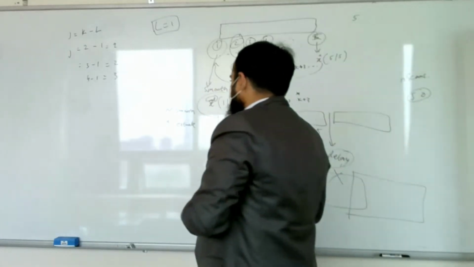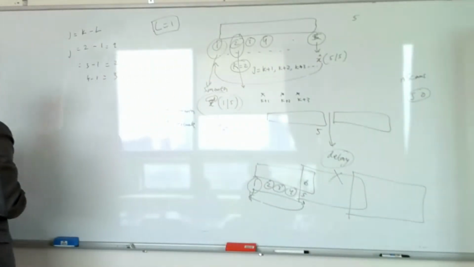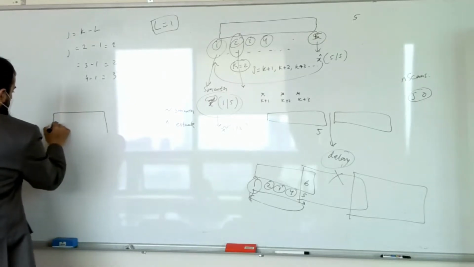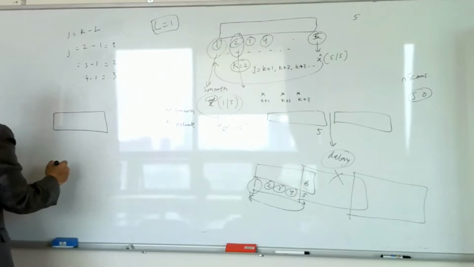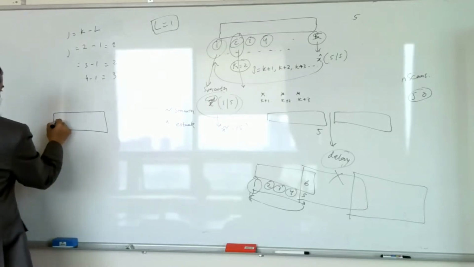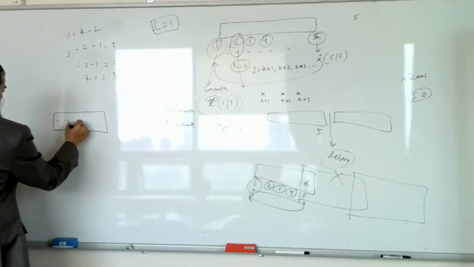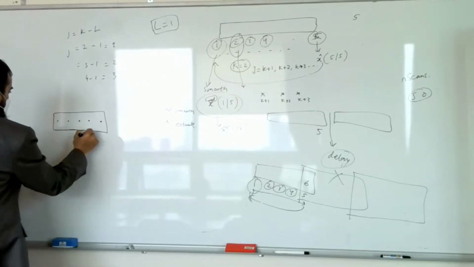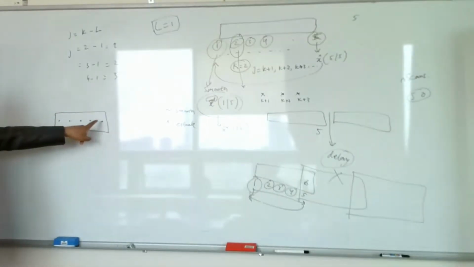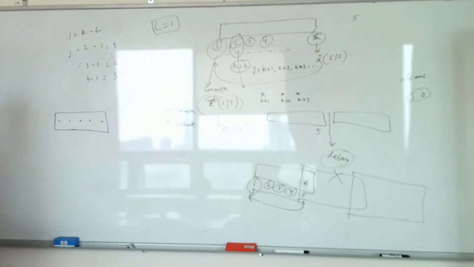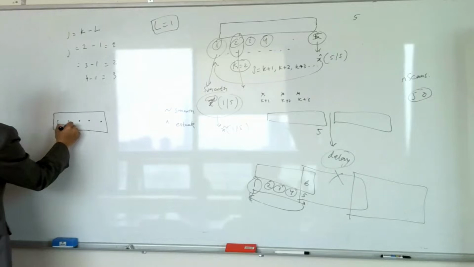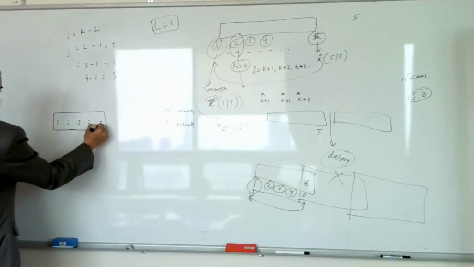Okay, so for example, these are the available points. Suppose this is 1, 2, 3, 4, 5.